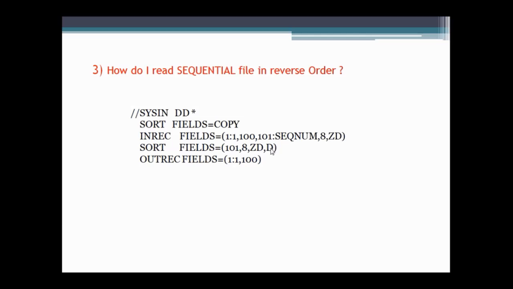Once it is sorted in descending order, or reversed, I will take out the actual record, which is from 1 to 100, and I will omit the extra 8 which I added for the sequence number. Now I have an actual file which is in reversed order. Now in COBOL I will simply pass this file and read it. So this is how I am going to achieve it.